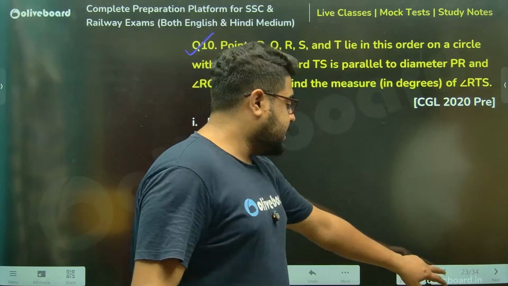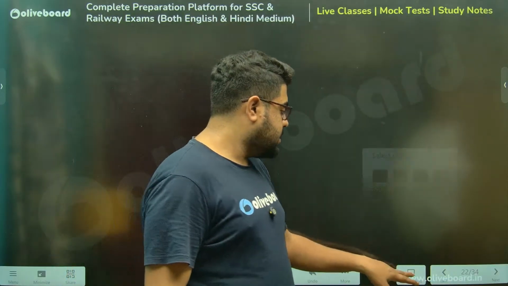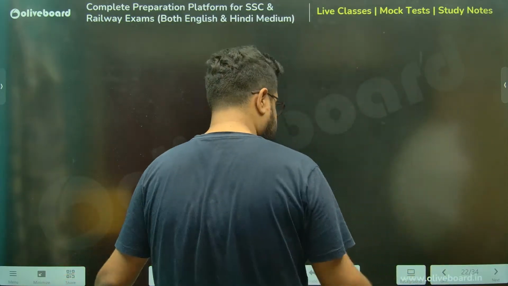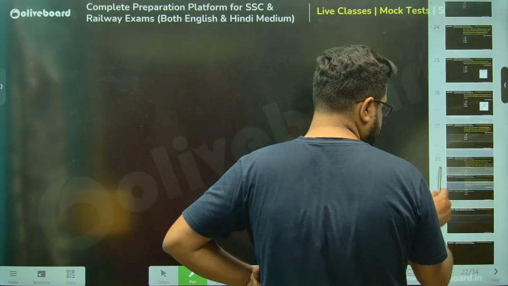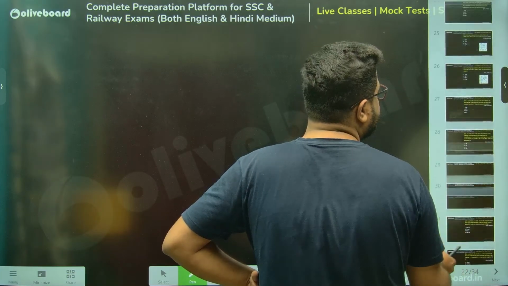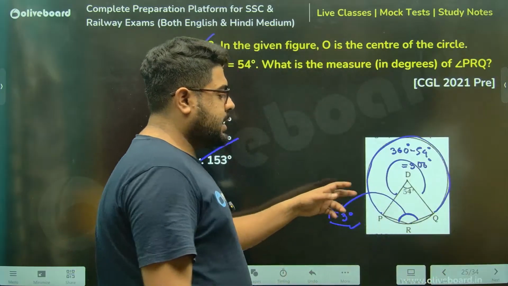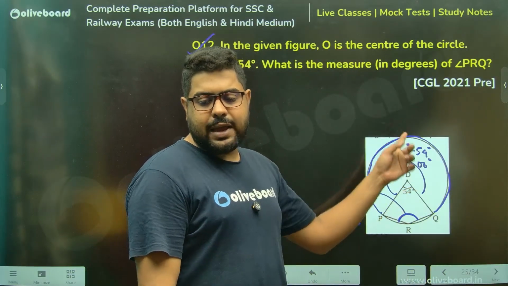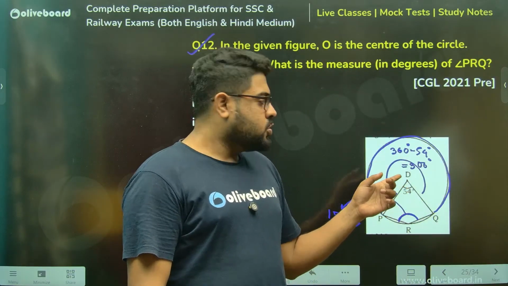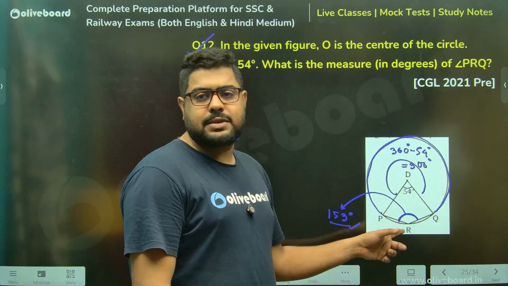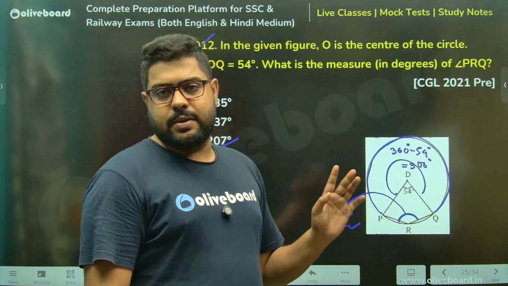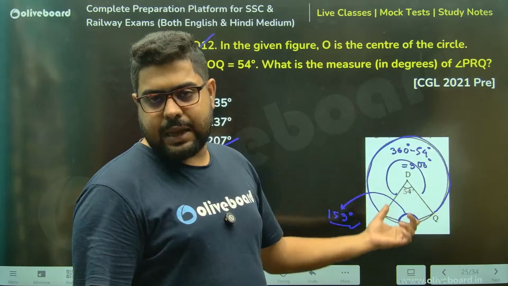If you take the arc this way, there is no angle on the circumference. So to get to this angle, I have taken the arc this way, because that way I can get to the answer directly.